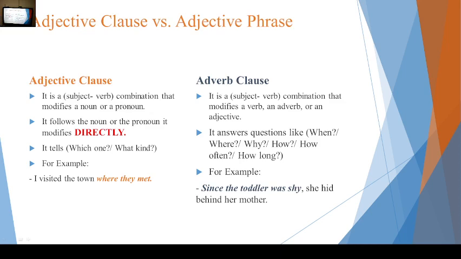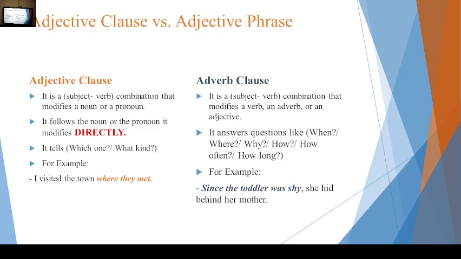Now, you have to differentiate between the adjective clause and the adverb clause. An adjective clause is a subject-verb combination that modifies a noun or a pronoun. So you have a subject and a verb, okay? And they modify or describe a noun or a pronoun.